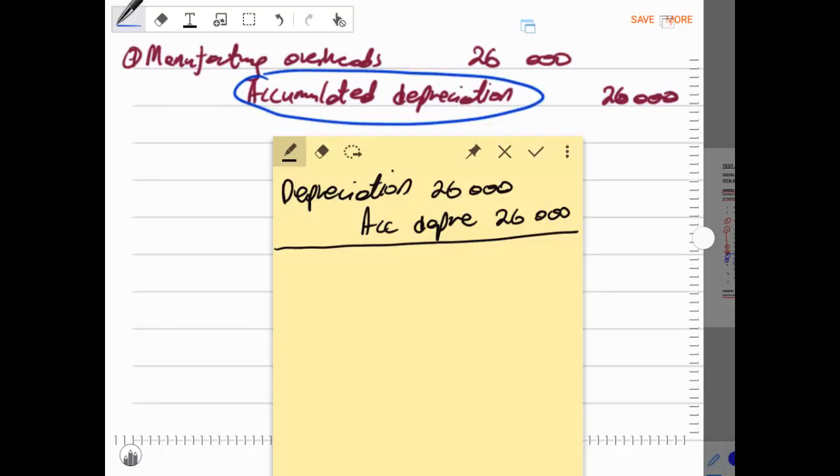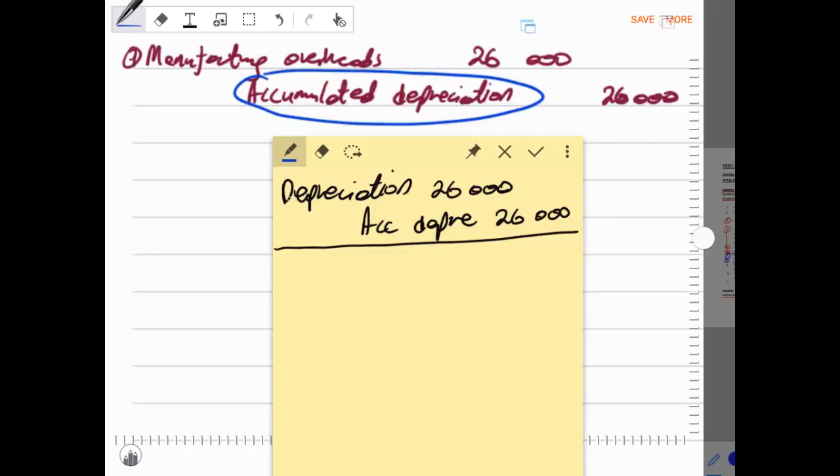But in this case, this depreciation has something to do with the manufacturing of the product. This was a depreciation for the machine that was used in the production process. So a depreciation for the machine used in the production process has to be recorded as the manufacturing overheads.